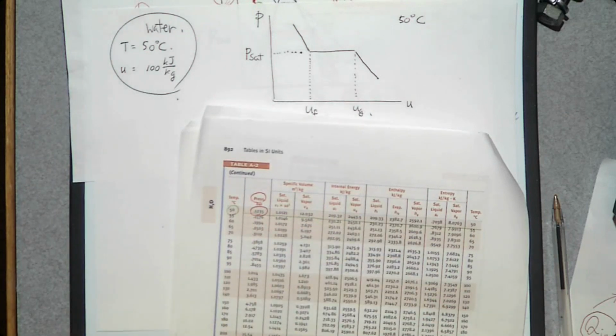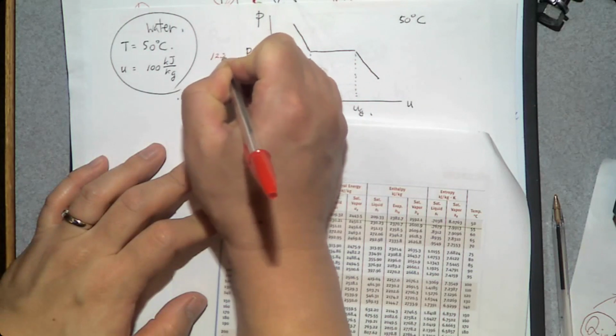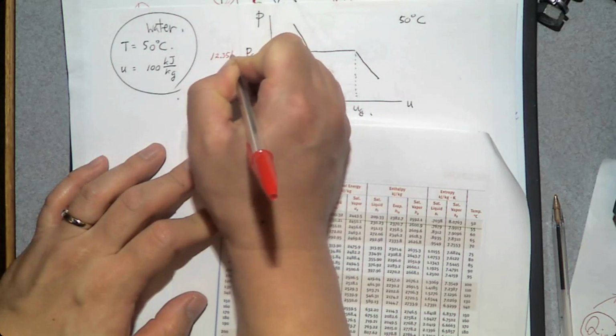But remember, the pressure on this table is in bar. So you need to convert this bar into kilopascal. 1 bar is 100 kilopascal. So 0.1235 bar is 12.35 kilopascal.